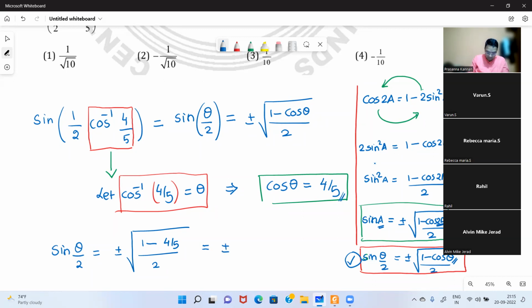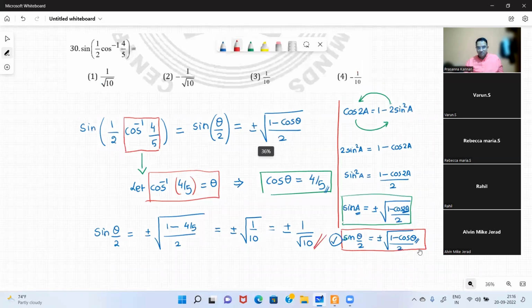So plus or minus root of 1 by 10. Correct? So this will be nothing but plus or minus 1 by root of 10. Are you clear?